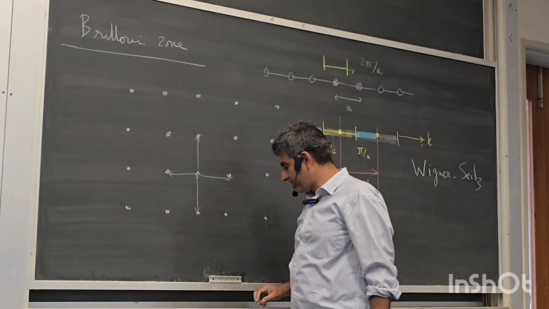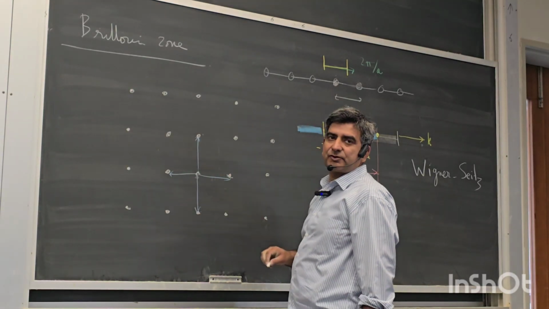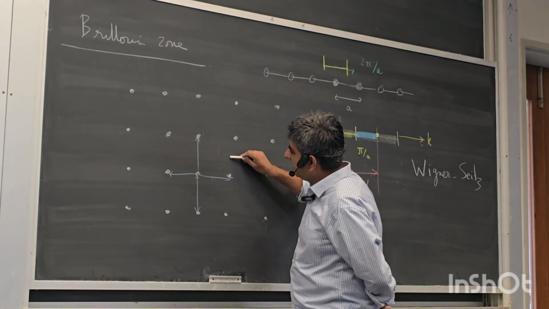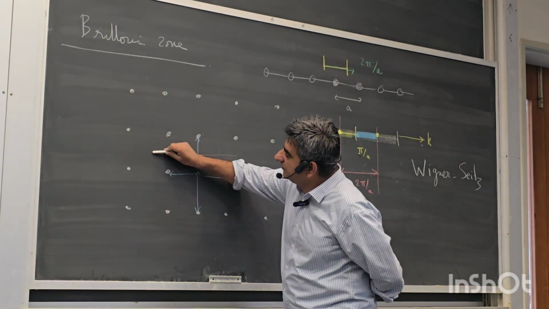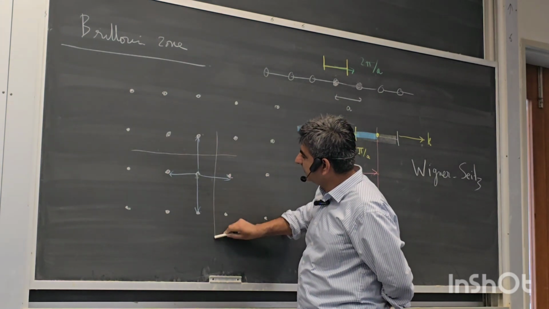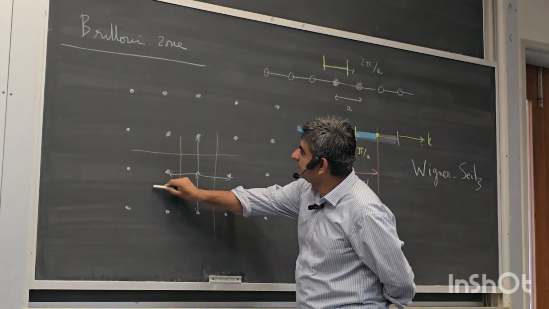Now what I do next is I draw bisectors of these reciprocal lattice vectors of minimum length. So there's a bisector here. Now I draw this in faint lines. I bisect this, I bisect this, I bisect this, and I bisect this.